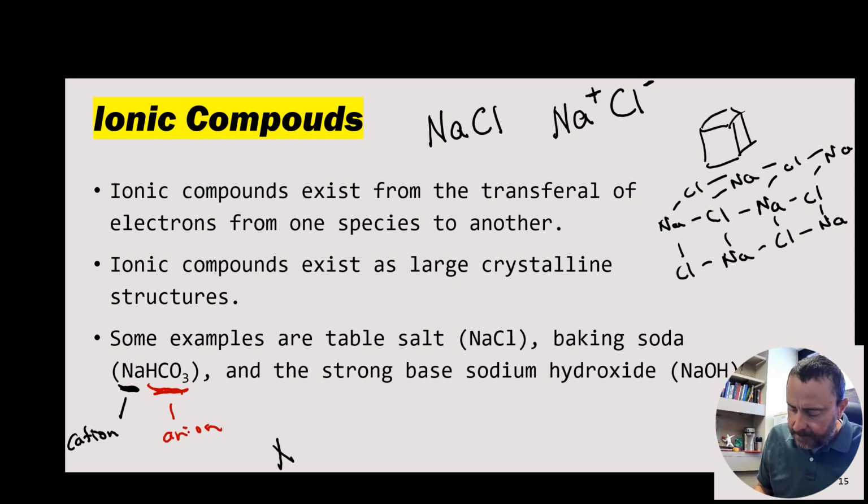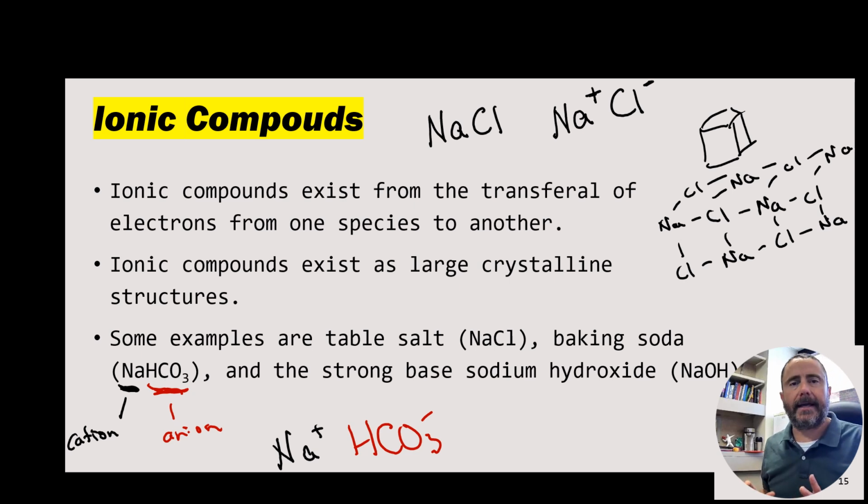This is sodium, and that HCO3 is the thing that took that electron. It doesn't have to be sodium, we just have a lot of examples of sodium here. With that hydroxide, the whole hydroxide has become an anion and accepted that electron.